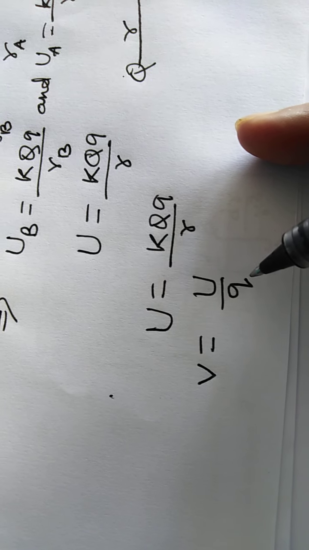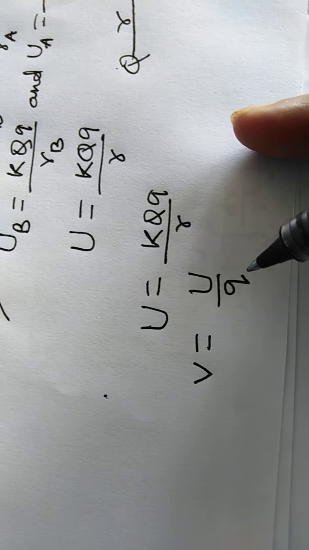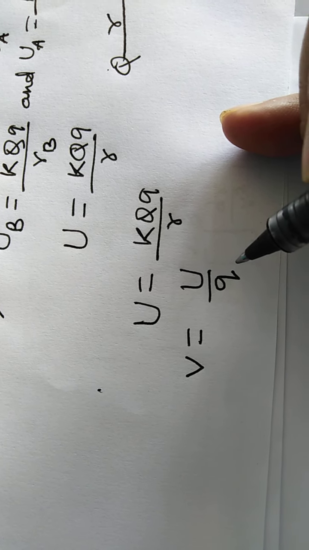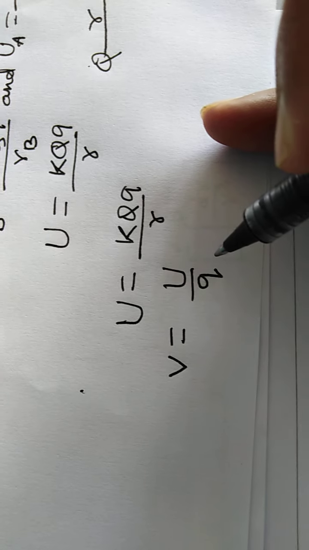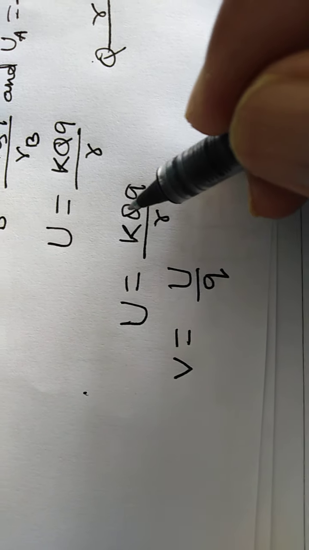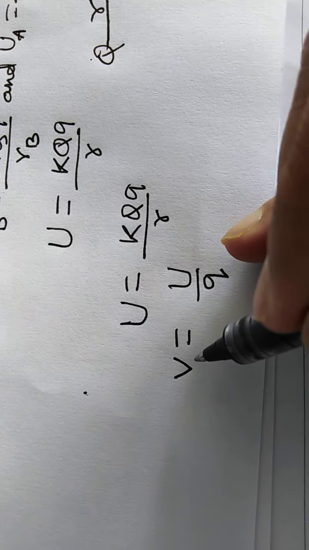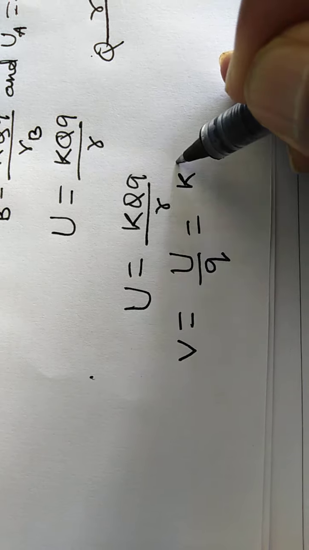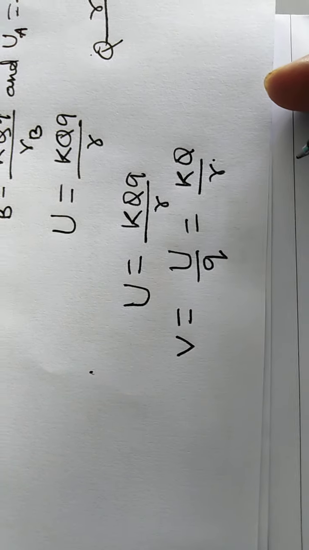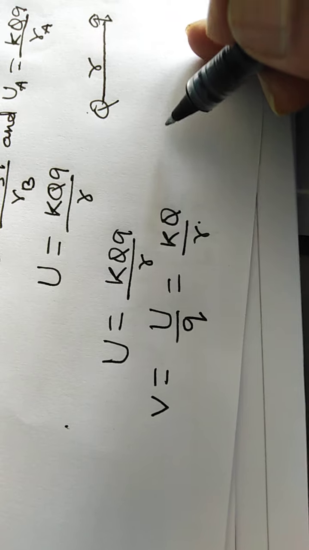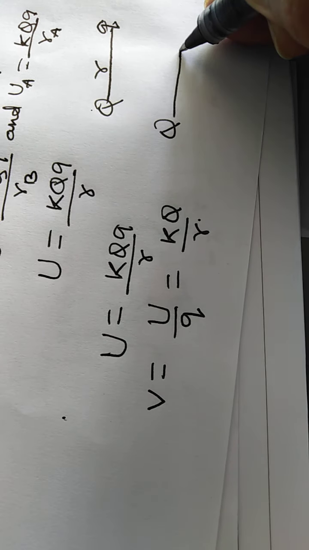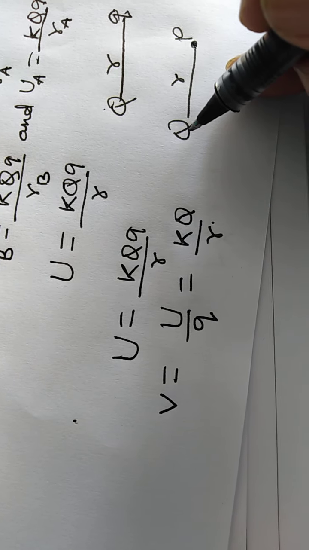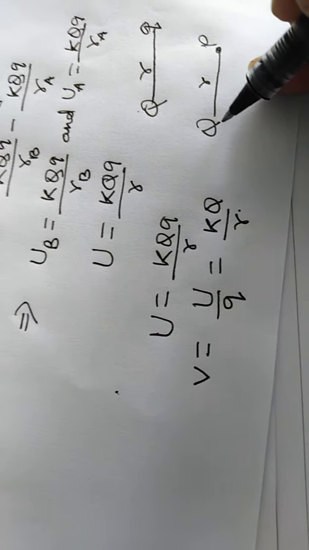The point at which we want to find electric field, or we want to find the effect of the force on the charge, on which charge we have to find the effect, that charge has to be taken, and capital Q is the source charge. So V, the electric potential, is the potential energy per unit charge. So its formula comes out to be kQ by r. So it is a very simple formula. If you have a source charge Q and at point P you want to find the potential, which is at a distance of r, simply you can get it by V is equal to kQ by r.